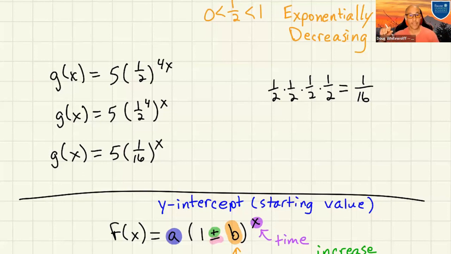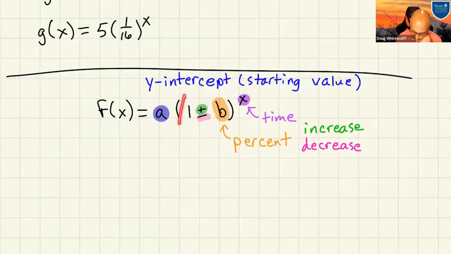When that base is bigger than 1, you'll have an increasing function. But now this is going to be a number with a decimal, and when it's bigger than 1, it'll be an increasing function. When it's less than 1, it'll be a decreasing function.